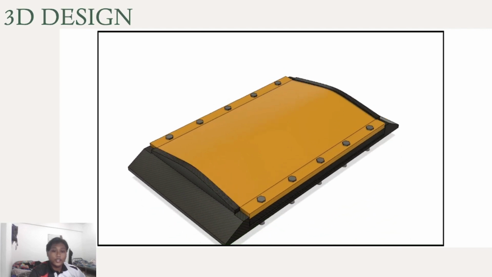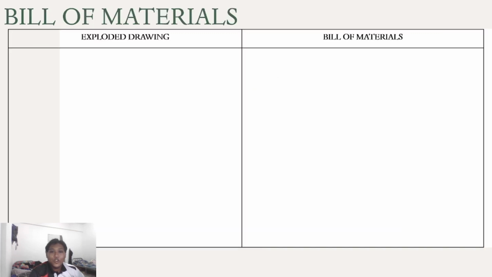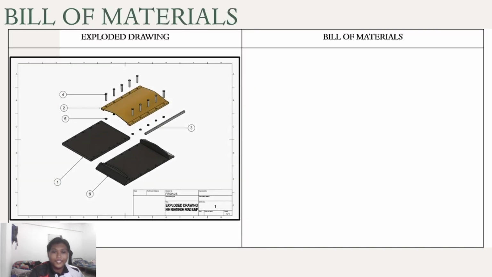For the simulation, we can see the disassembly and assembly of our design. We have a bowl, nut, base, outer shell, and fruit packaging. Okay, let's go for the exploded drawing. We can see the six parts of our component: base, fruit packaging, outer shell, nut, bowl, and base.